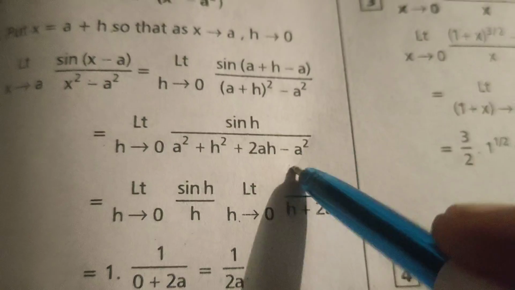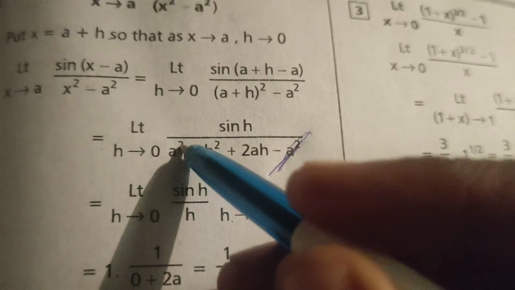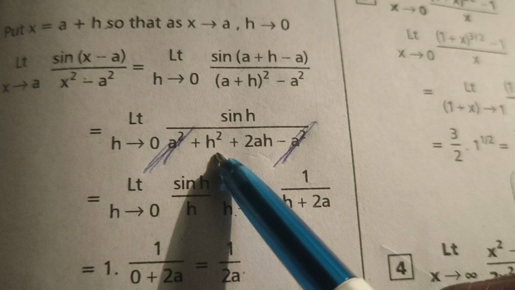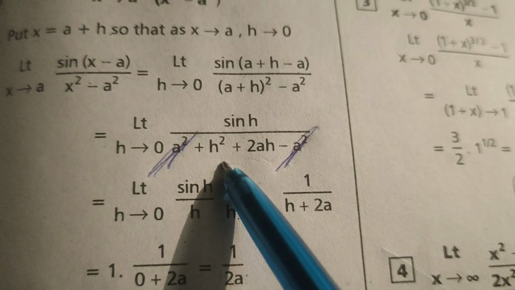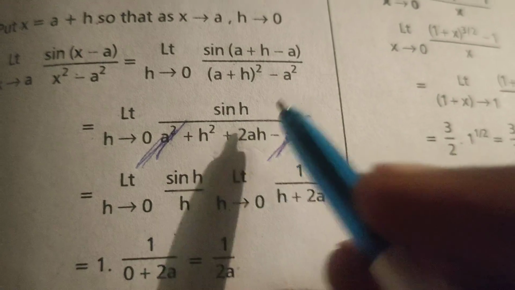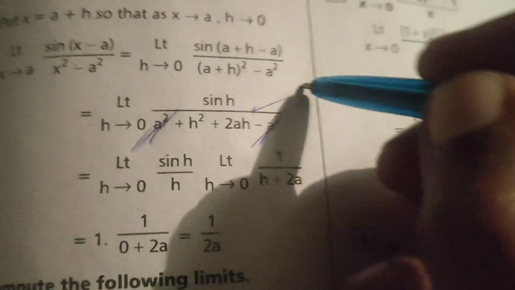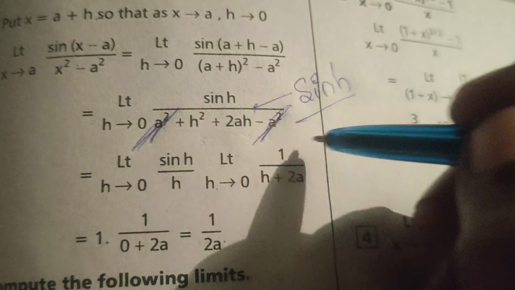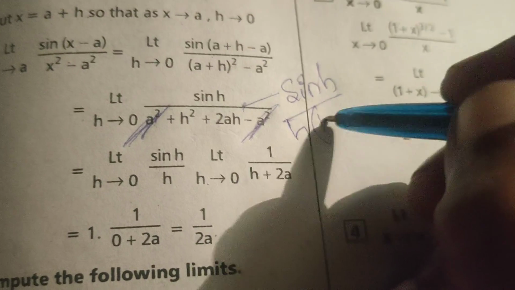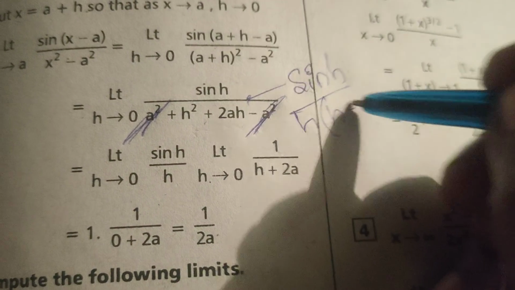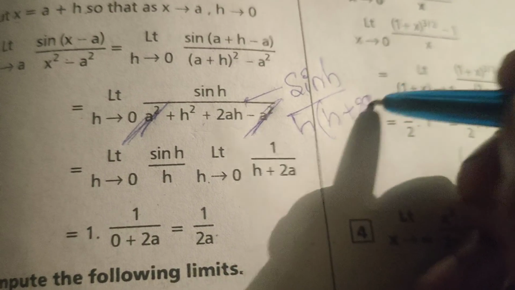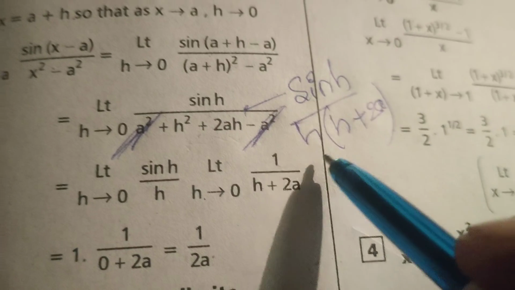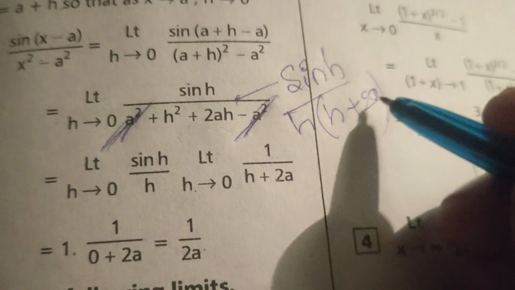Here minus a square and plus a square get cancelled. From these two terms, write h into (h + 2a). From these two terms, write sin h / h into the remaining (h + 2a). Now only limit h tends to 0, sin h / (h (h + 2a)).